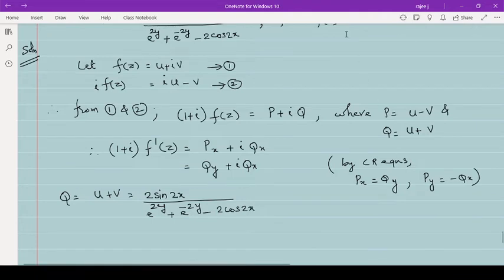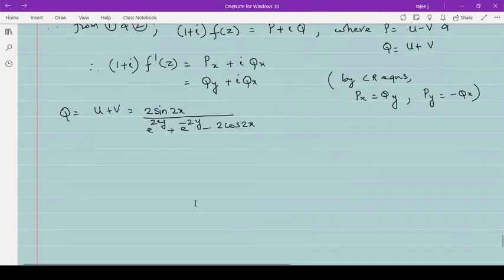This is u + v. So now what we need to do is find qx, meaning ∂q/∂x, the derivative of this with respect to x and with respect to y. Before doing that, a little simplification here will help us.